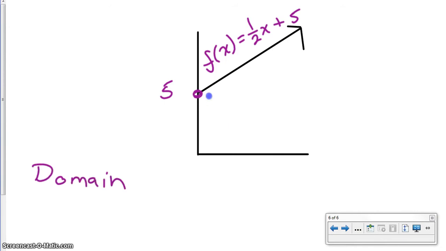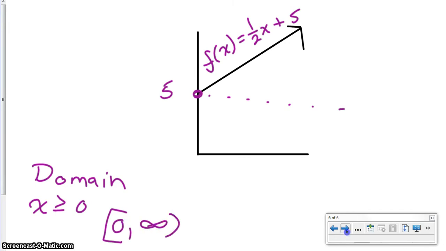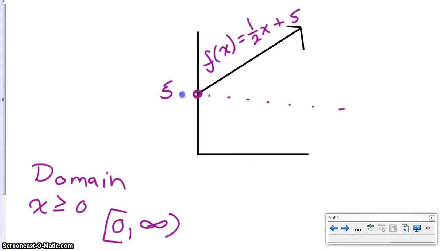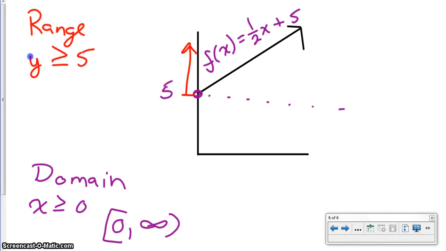Well, let's see. X is greater than or equal to 0. Oh, Mrs. Rose, why couldn't you have just said it starts at 0 and it goes to infinity? Oh, what about the range, Mrs. Rose? Let's see, where does the range start? The range started at 5 and goes to infinity. Mrs. Rose, I could say y is greater than or equal to 5, or if I write it in interval notation, it starts at 5 and it travels to infinity.